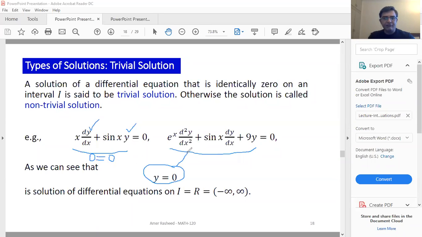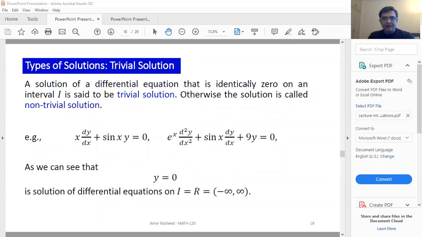Similarly, if we insert y is equal to 0 in this differential equation, then this equation also gives us the identity 0 is equal to 0. So the trivial solution is always the solution y is equal to 0. I hope you got it.